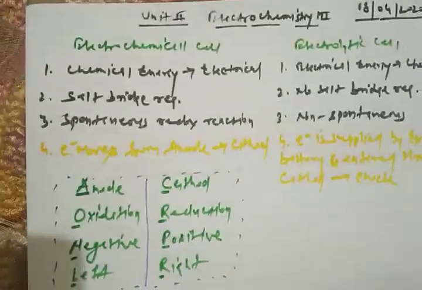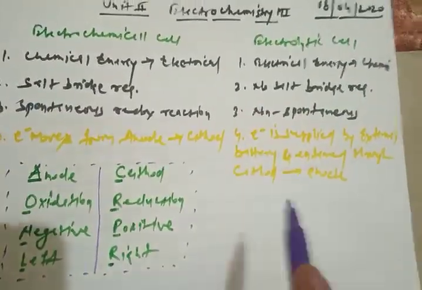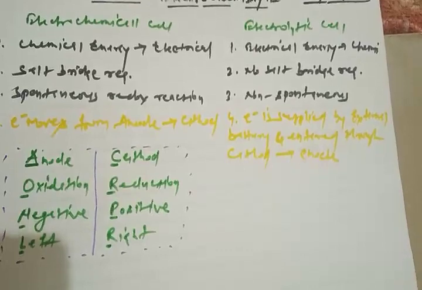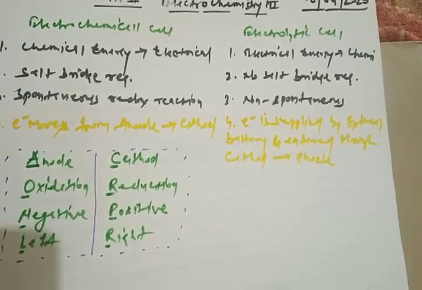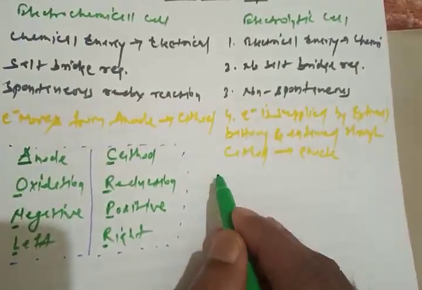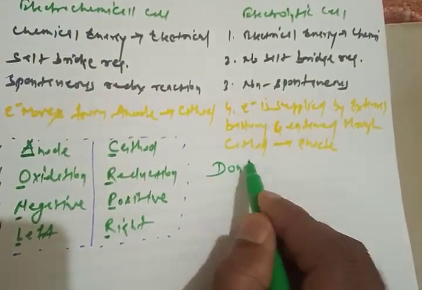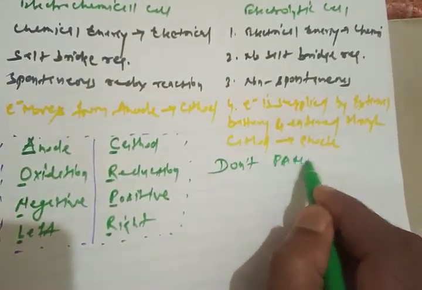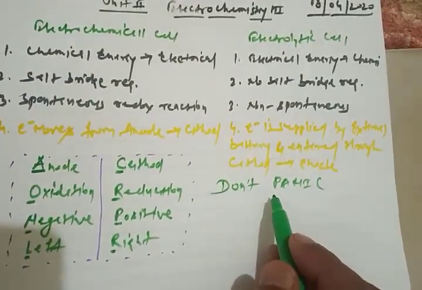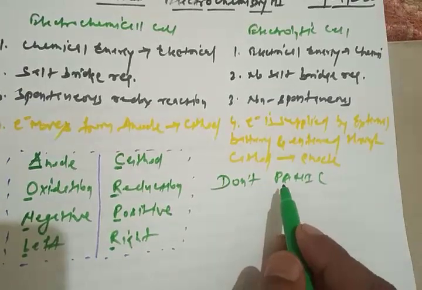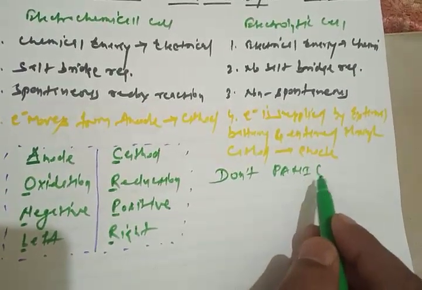Now similarly, in case of electrolytic cell, don't panic, we can remember it also. PANIC. So here the positive is anode, negative is cathode.